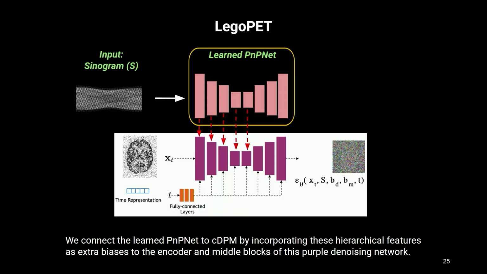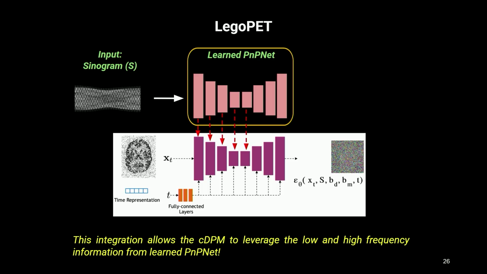And then we connect the learned PNP net to CDPM by incorporating these learned features as extra biases to the encoder and the middle blocks of the denoising network of CDPM. So this integration allows the CDPM to leverage the low and high frequency information from the learned PNP net.